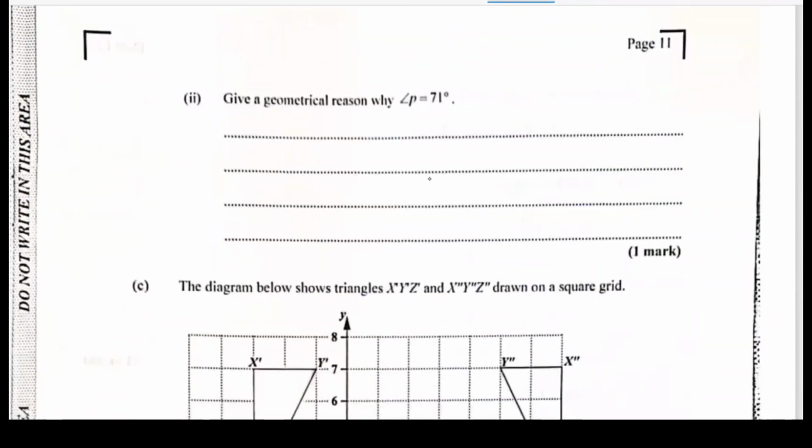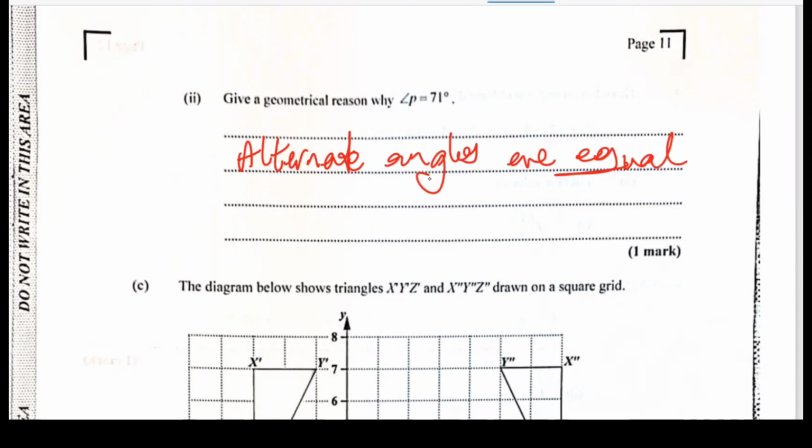Well, what they are saying there is this: alternate angles are equal. Those two angles are alternate, and they call them Z angles, just a little nickname because it's shaped like a little Z. So Z angles are equal.